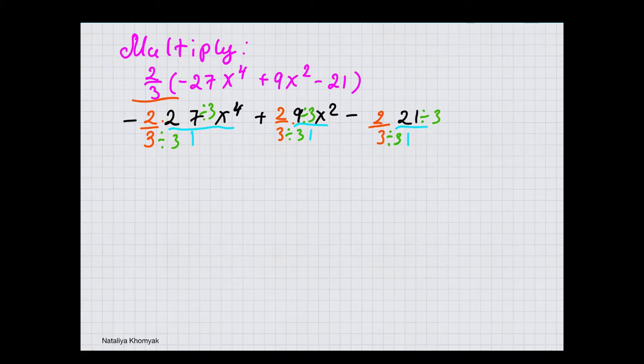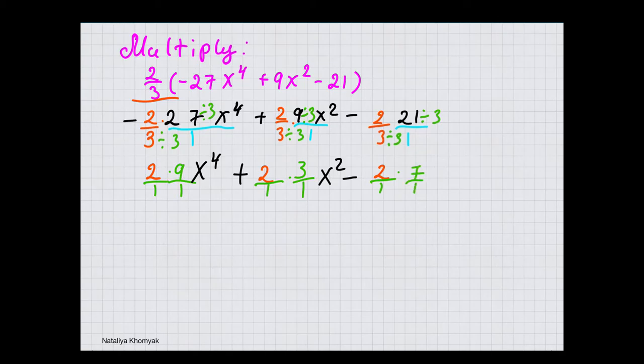So now we have 2 over 1 times 9 over 1 x to the fourth plus 2 over 1 times 3 over 1 x to the second minus 2 over 1 times 7 over 1.